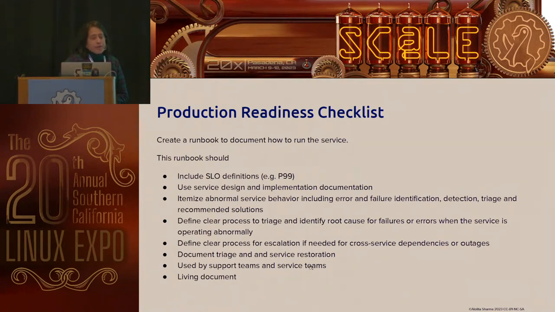Similarly, defining a clear process for triaging and identifying root cause is very important because when there are service failures, especially when you're running on cloud native infrastructure, it could be at any layer. It may not be even the collection service that you're running. So you really need to understand what some of the symptoms are and be able to triage that to then assign the root cause to the service that is operating abnormally.